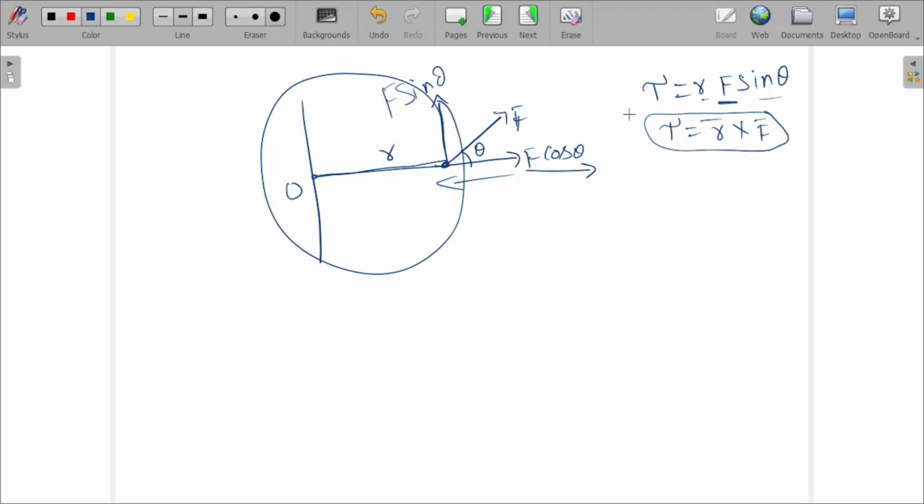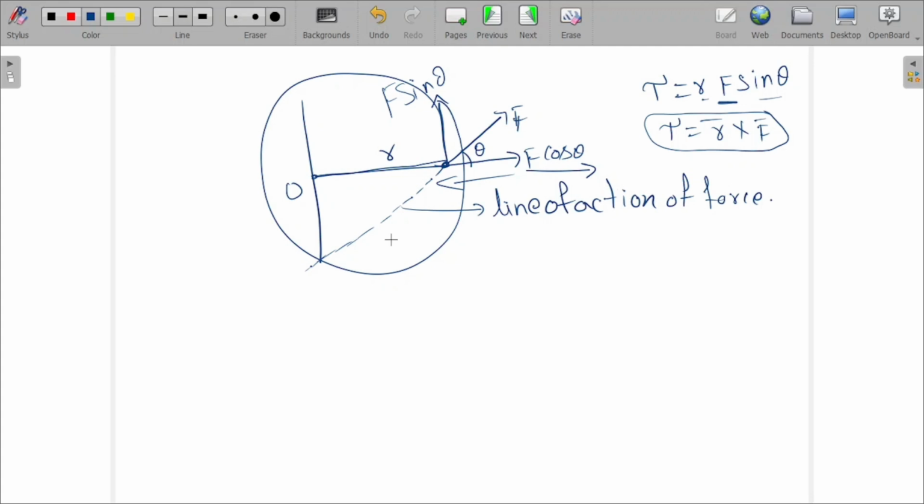This is the vector method. Now I will tell you in another way. For this force you are applying, if you draw a dotted line backwards, this will be called the line of action of force, or simply the line of action.